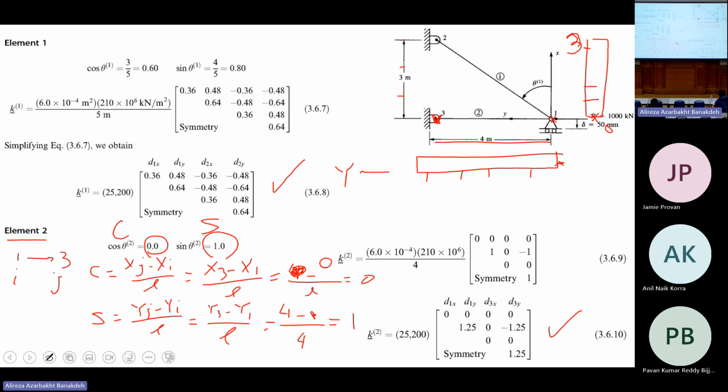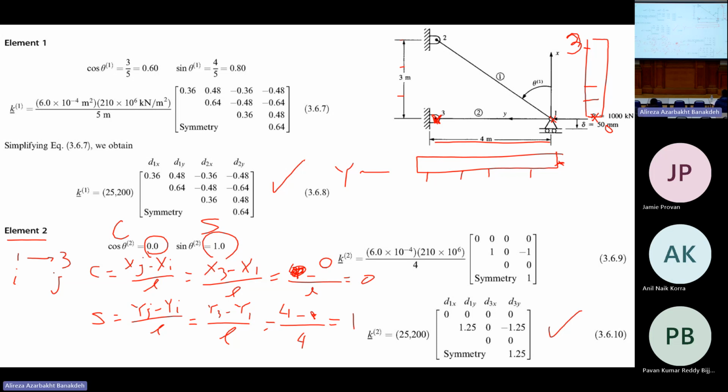Now we need to assemble the big matrix for the whole structure, which I know in advance should be 6x6, because I have 3 nodes multiplied by 2, which means we have 6 degrees of freedom. Degrees of freedom means every node can move in the X or Y direction, potentially, if we do not consider the supports.